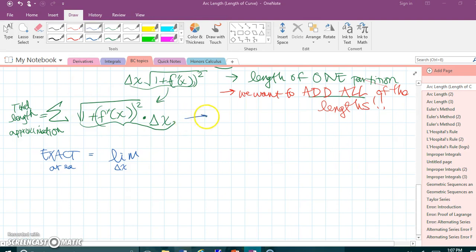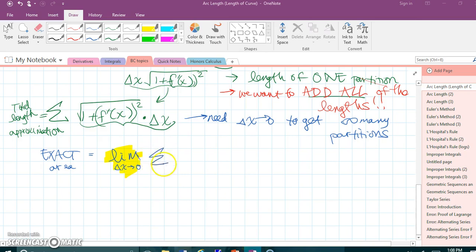So what we need is delta x to go to 0 to get infinitely many partitions. So let's just do a limit, and once again, limits are coming in to save the day. Limits are needed for derivatives, limits are needed for integrals with Riemann sums, limits are needed for length of curve, and guess what? Limits are going to be needed for series in about a month. So limits are the backbone of calculus, and they're amazing.